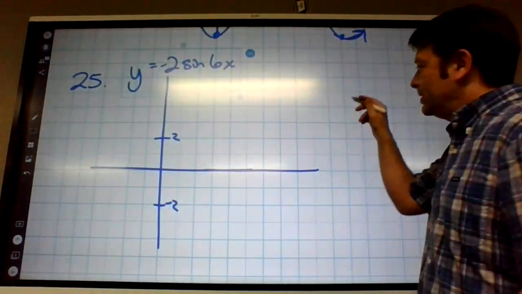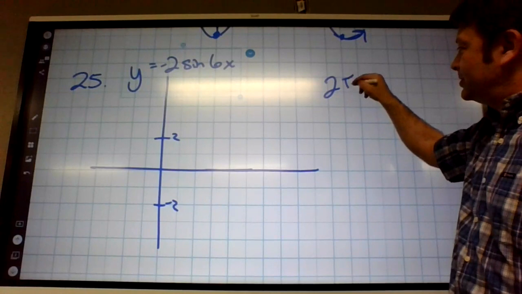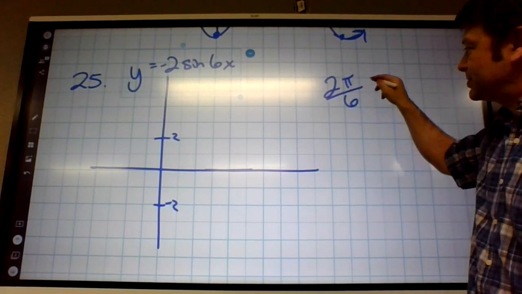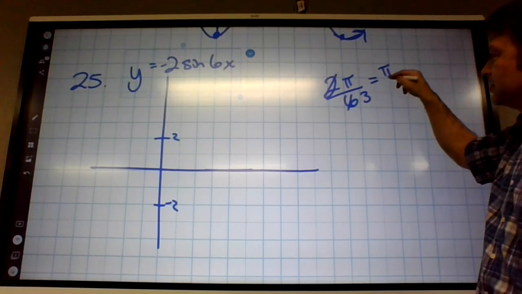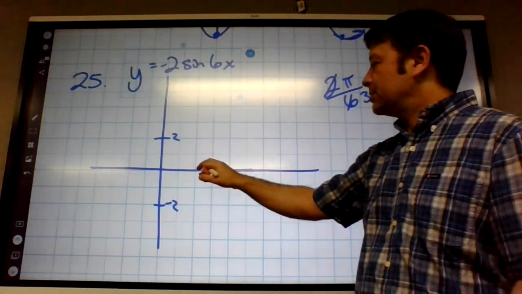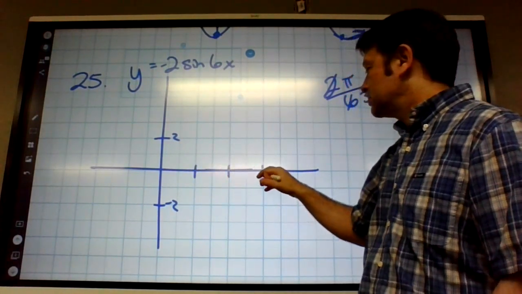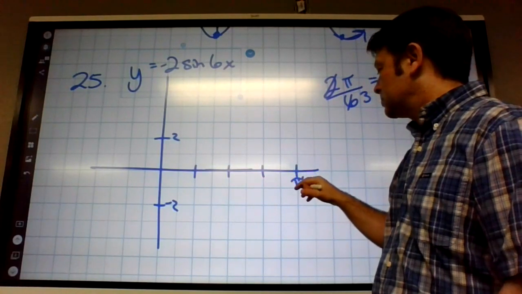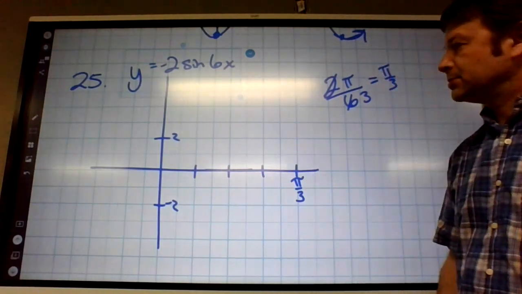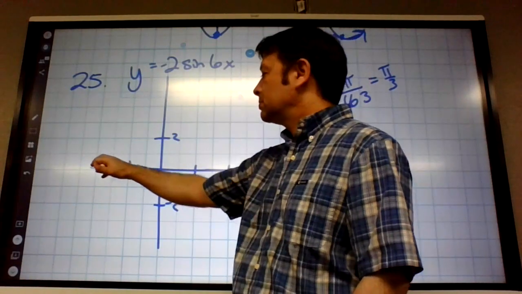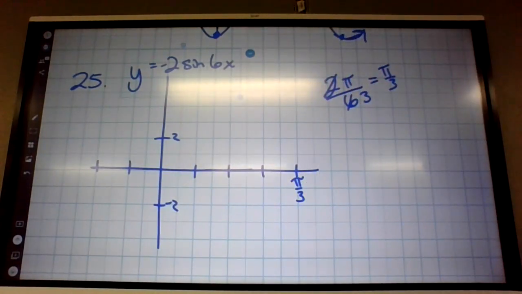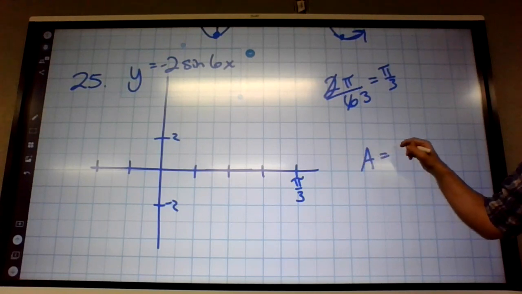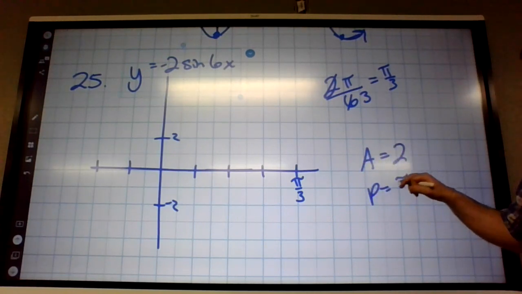Okay, my period instead of the normal 2 pi is 2 pi divided by 6, which reduces to pi over 3. Okay, so amplitude is 2, go ahead and write that down. Period is pi over 3.